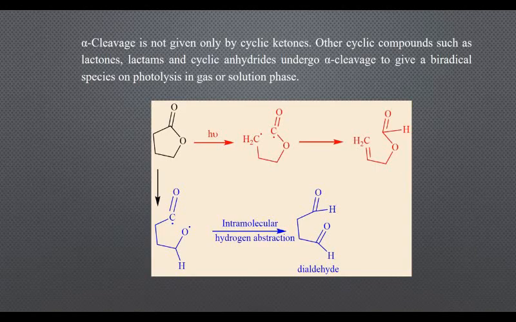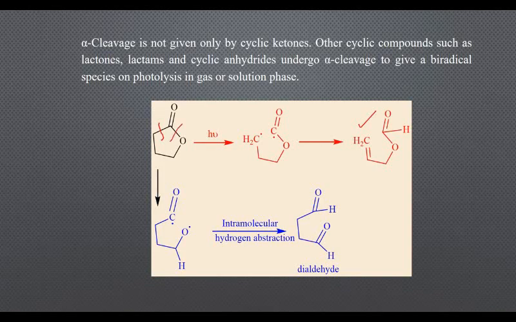Alpha cleavage is given not only by cyclic ketones but also by other cyclic compounds such as lactones. Here it is a cyclic ester, that is a lactone, or sometimes lactams or cyclic anhydrides also undergo alpha cleavage to give a biradical. Here one possibility is the cleavage of this carbon-carbon alpha bond, which will give the unsaturated aldehyde.